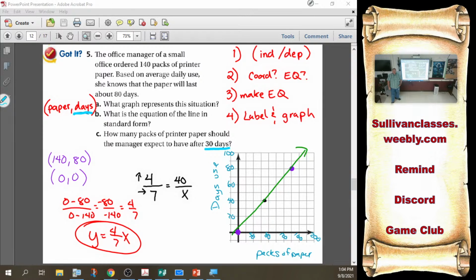Days is Y. 30 is 4/7 X. 30 days times 7/4. Times 7/4, yes. You see where writing that label down might help us miss that mistake?